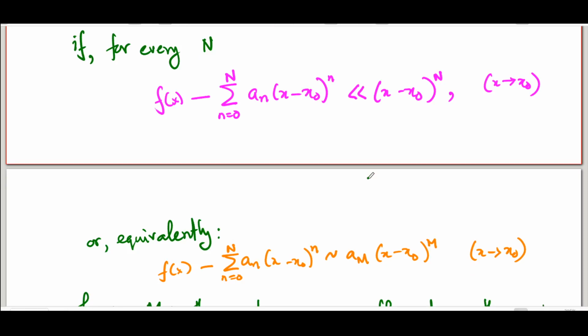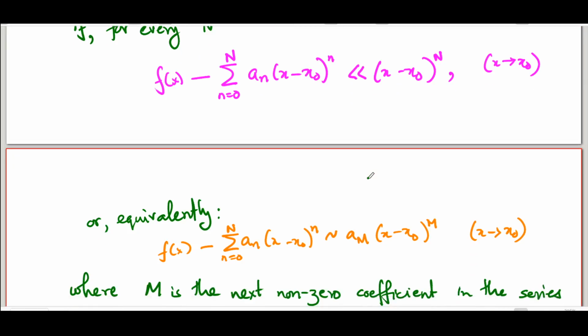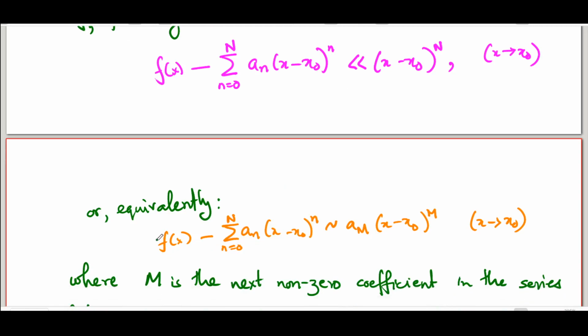An equivalent way of stating asymptotic power series is the following. The difference between f of x and the Nth partial sum must be asymptotic to a_m times x minus x0 to the power m, where a_m is the next non-zero coefficient of the series. So after capital N, it might so happen that the capital N plus 1th, capital N plus 2th, etc. terms are all 0, but capital M is the next non-zero coefficient.